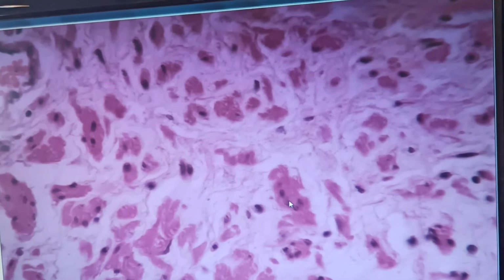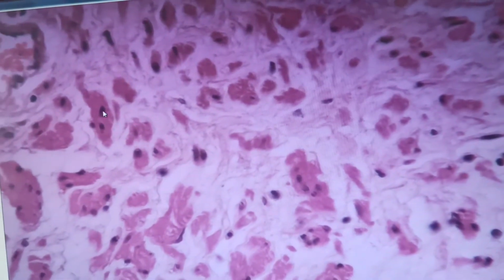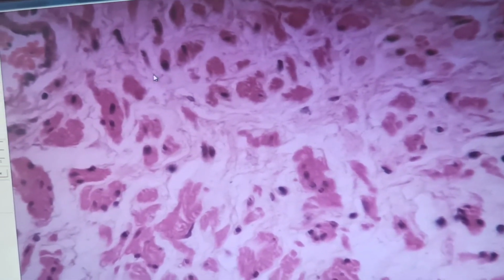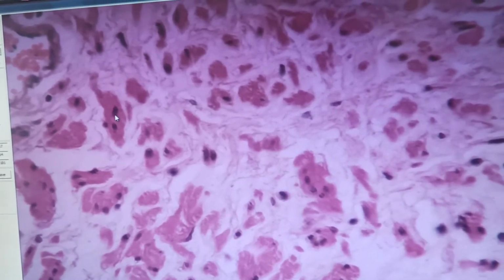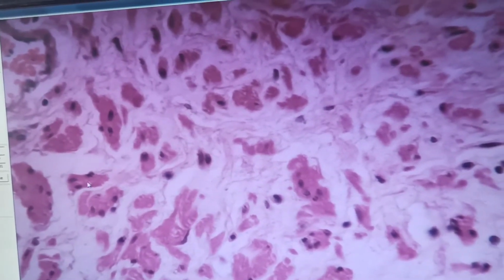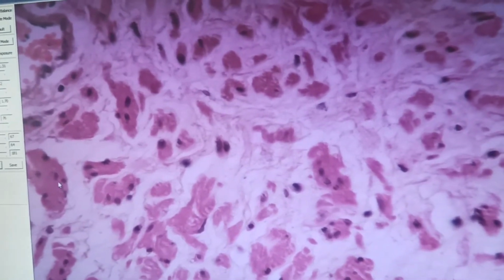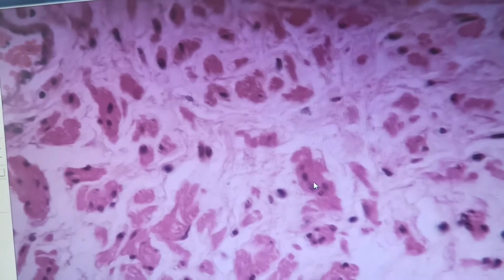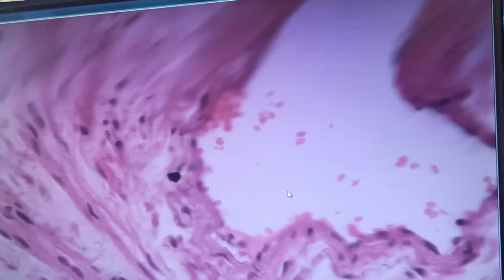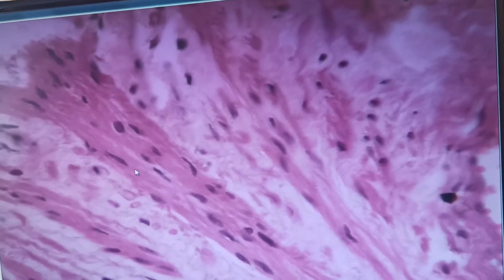Then you can see the smooth muscle cells cut in cross section, so the nuclei are round. It means we have the longitudinal layer. But in the circular layer, you can see we have elongated nuclei.